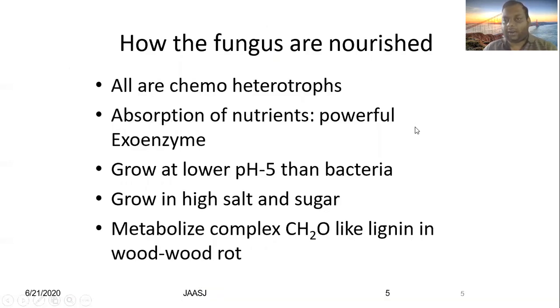How are fungi nourished, how do they take their nutrients? As I said earlier, they are chemoheterotrophs. They absorb nutrients by secreting exoenzymes. By using exoenzymes, they digest macromolecules and absorb them across their cellular membrane.